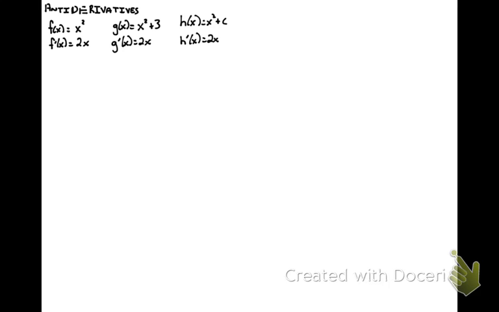So graphically, this parabola has 2x as its derivative, and so does this parabola, and so does this one, so on and so forth. And so one of the issues is trying to figure out which specific function we're originally talking about.